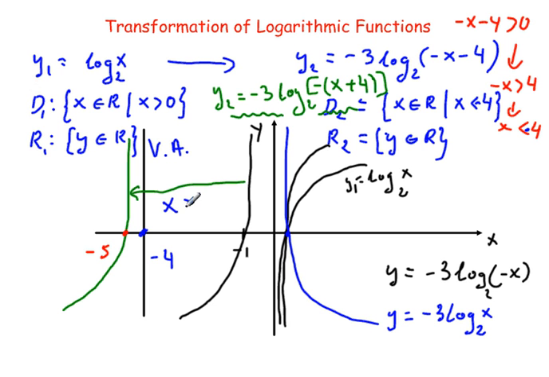The equation of the vertical asymptote is -4, and since the domain tells us that x has to be less than -4, you must anticipate that the entire graph will be located to the left of that vertical line. So I hope you have enjoyed this video, and I'll see you next time.